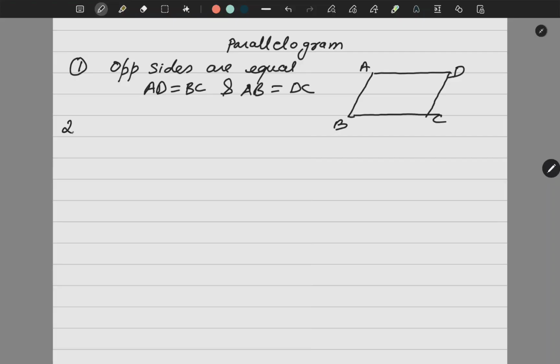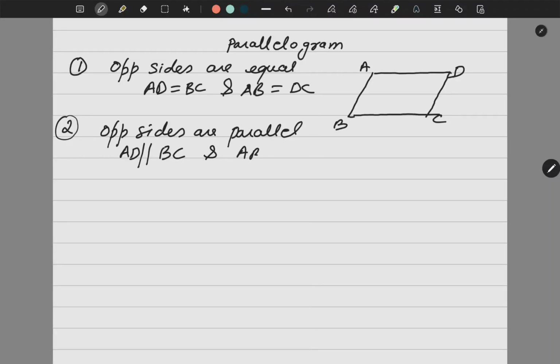Okay. Second, opposite sides are parallel. Means AD is parallel to BC and AB is parallel to DC.